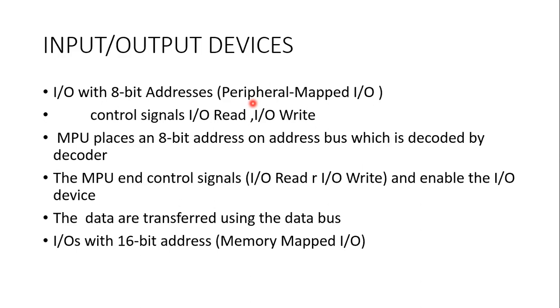The input and output devices are differentiated by the control signal. The MPU uses the I/O read control signal for input devices and the I/O write control signal for output devices.